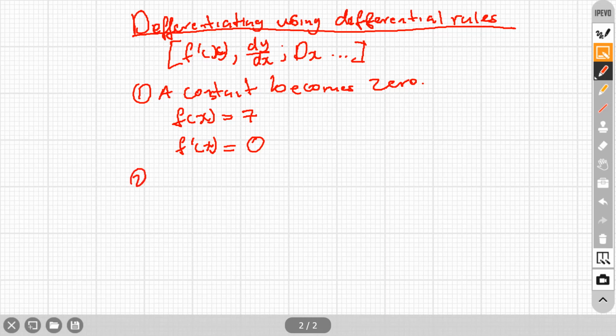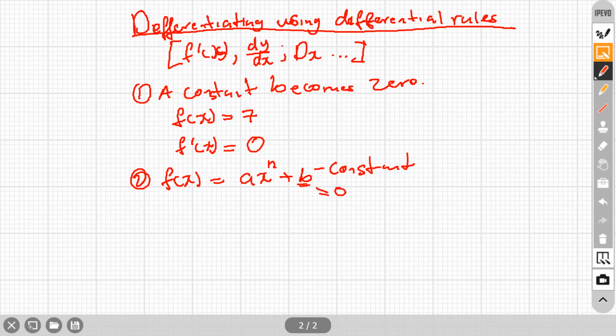Then rule number 2. Let's say we're given that f(x) is equal to ax to the power of n plus b. You can notice that our b actually is a constant, so b is going to give us 0.